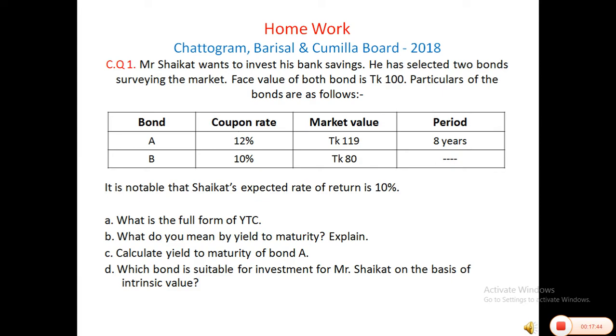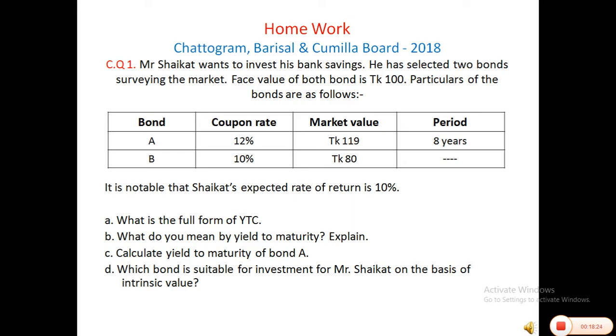Bond A, B: coupon rate 12% and 10%. Market value of bond A 119 and market value of bond B 80. Maturity period of bond A 8 years and maturity period of bond B is nil. It is notable that Shoykot's expected rate of return is 10%.